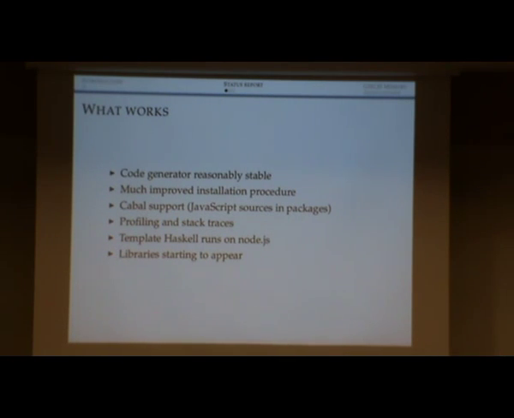But I think we are reasonably close now to something that works in most situations. And this summer, recent additions are that we now have cost centers, and based on that, stack traces and heap profiling in the generated code, so we can actually do something about memory leaks and see where they come from. Since we translate to JavaScript, and Haskell has a very different evaluation model.